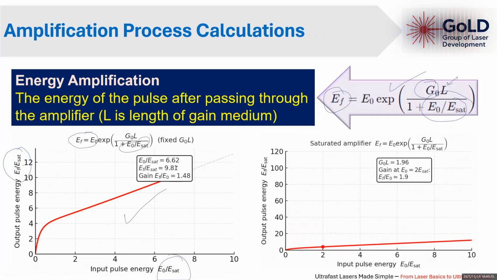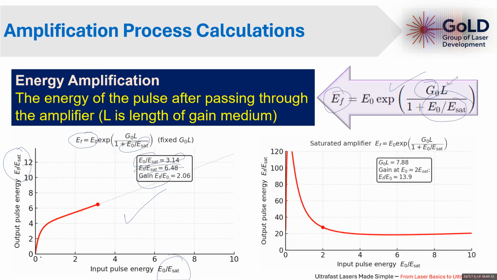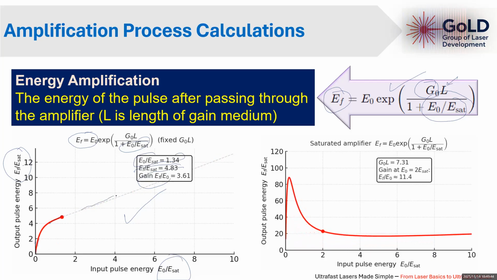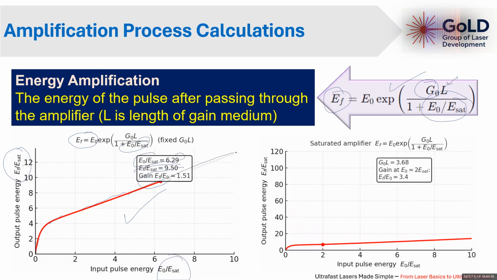Okay. And here you can see how the values are changing. In the beginning, in this plot there is a small increase, but after it reaches 4, this increase is prominent with the increase of the input energy. And the output energy is increasing.